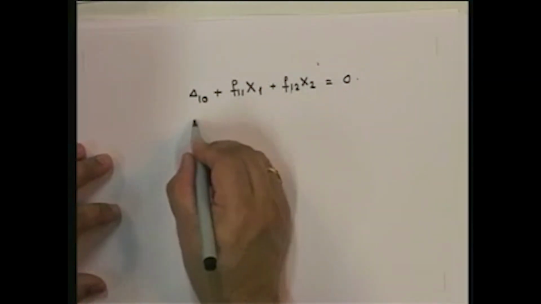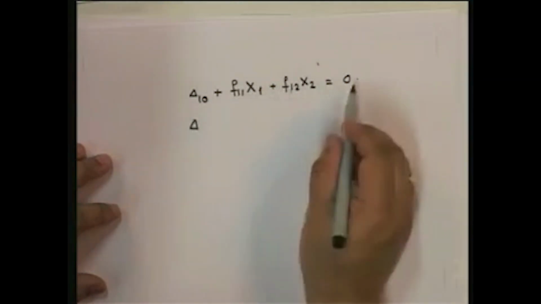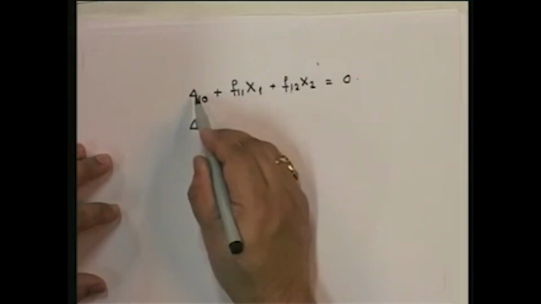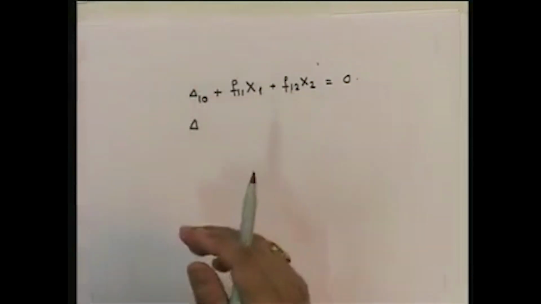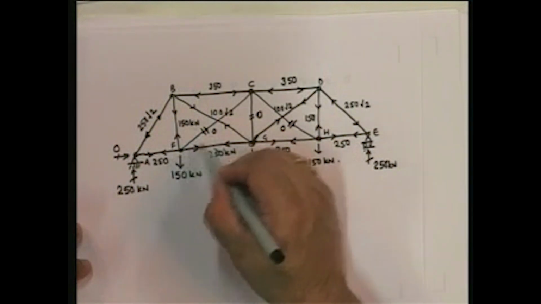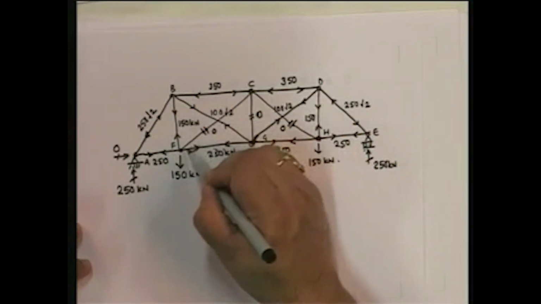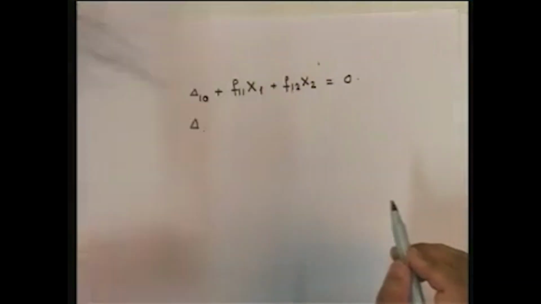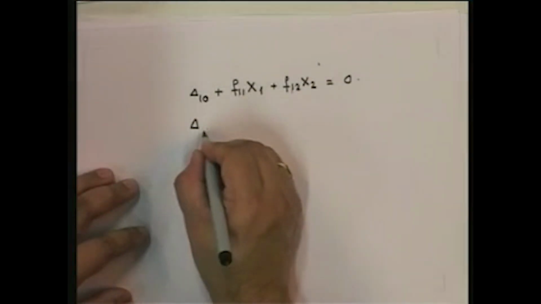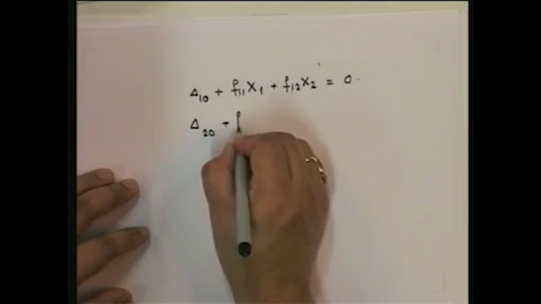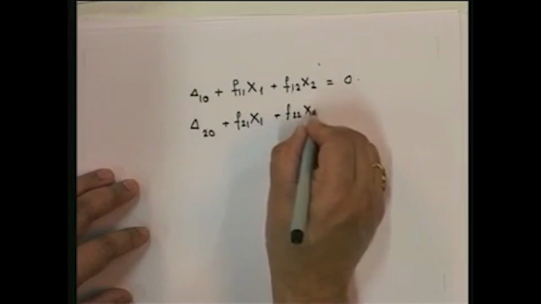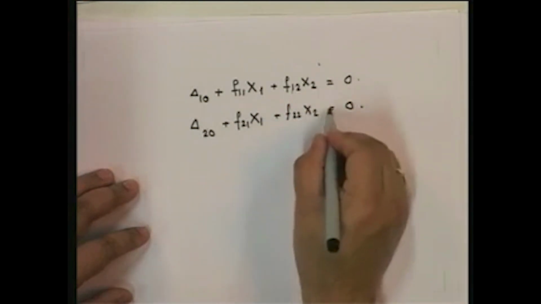Now let's look at the second compatibility condition. The first compatibility condition says that at this point, due to the summation of all the effects, these 2 points cannot go apart because Fc is actually a member. Similarly for the other one, F21 x1 plus F22 x2 is equal to 0.